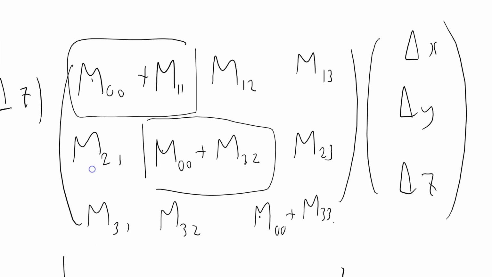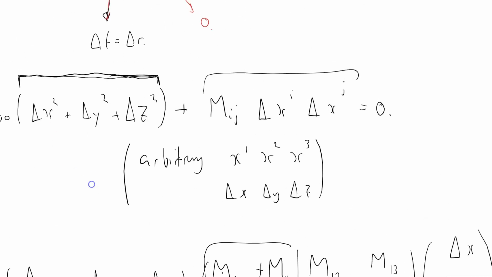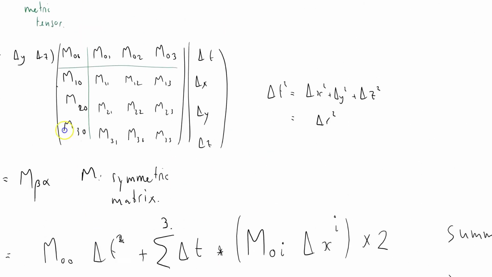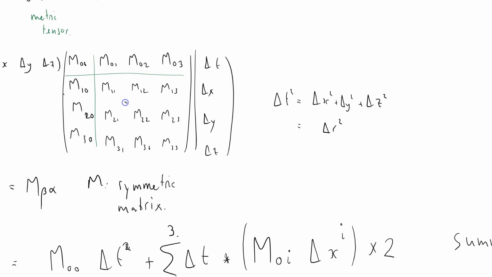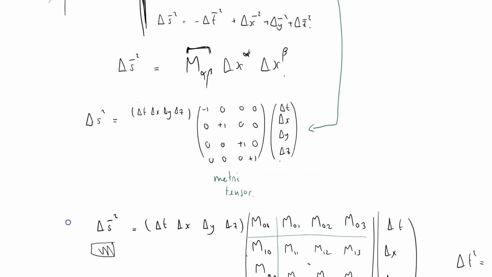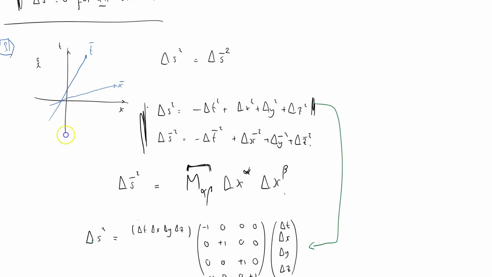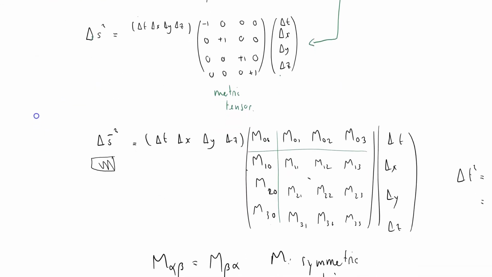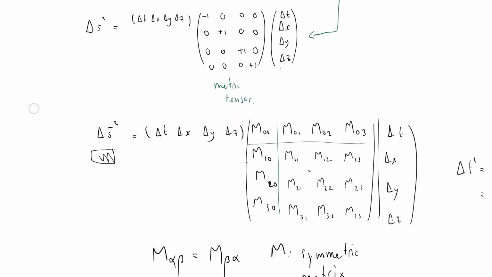Now, what was I doing all this for? What I was doing was trying to find this M matrix here, which gave me an expression for the interval in the alternative coordinate system, the blue coordinate system, which was moving in the spaceship here. So how does the blue guy calculate the interval?